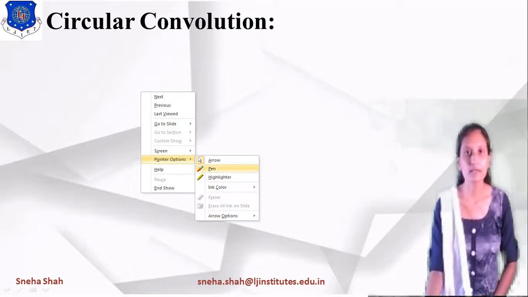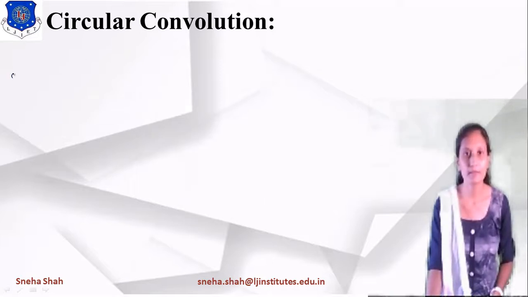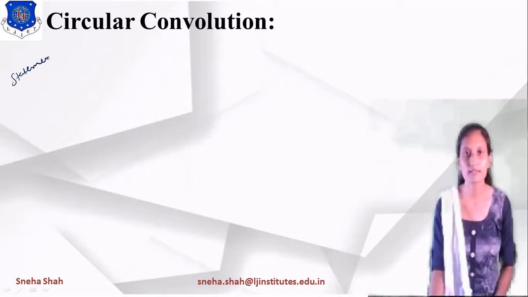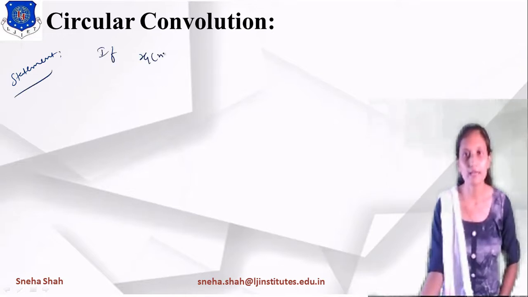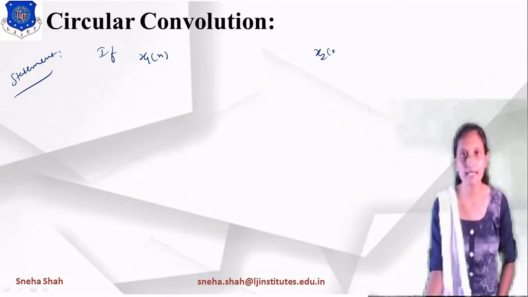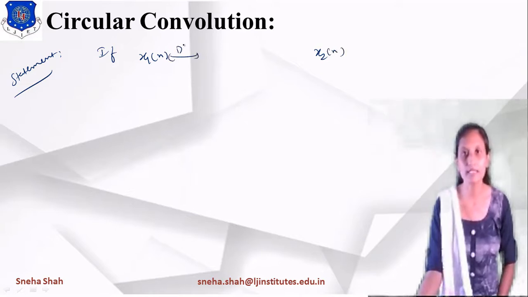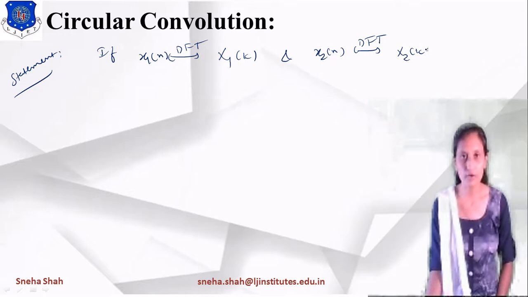So what is the circular convolution property? If I write the statement of it, it will be like this. If I take x1 of n and x2 of n, these two sequences, and find the DFT of them, x1 of n is converted into x1 of k and x2 of n is converted into x2 of k.